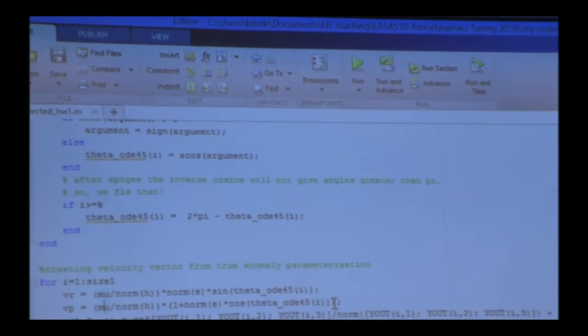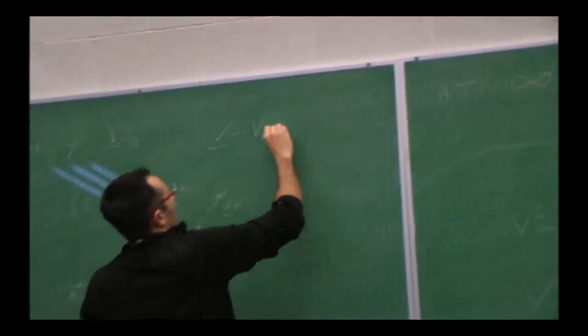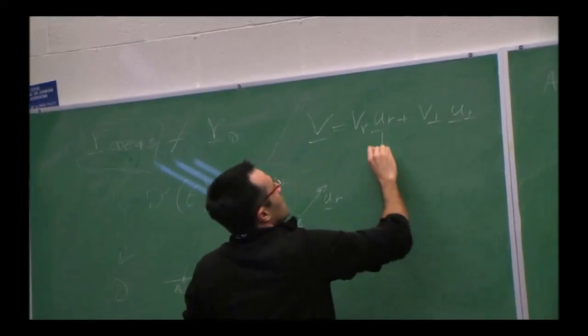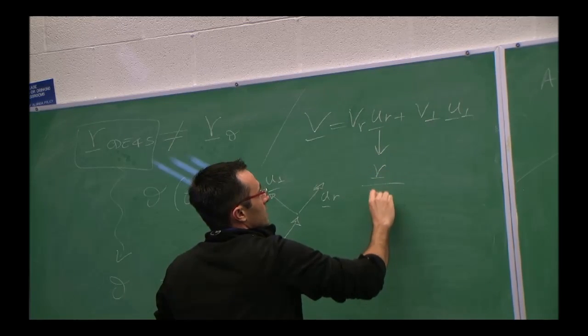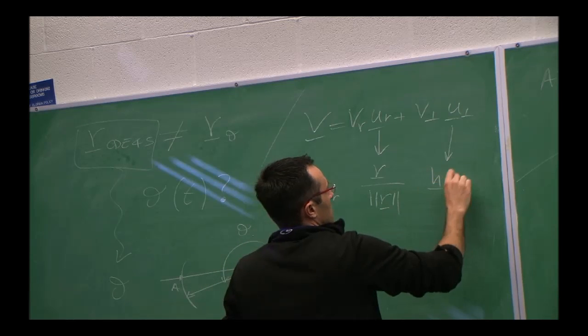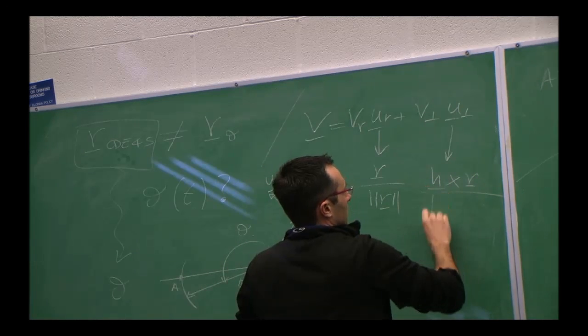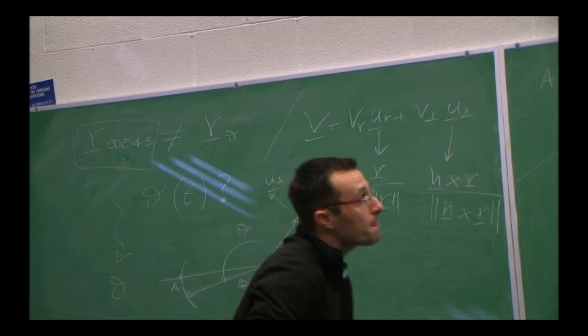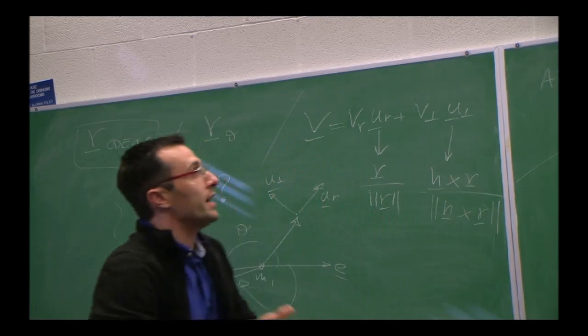Your v is v radial times u_r plus v perpendicular times u perpendicular. What is u_r? This is r normalized, right? And u perpendicular we can get as h crossed with r normalized. And I think that's what I'm doing there, I hope. And that gives you the velocity.